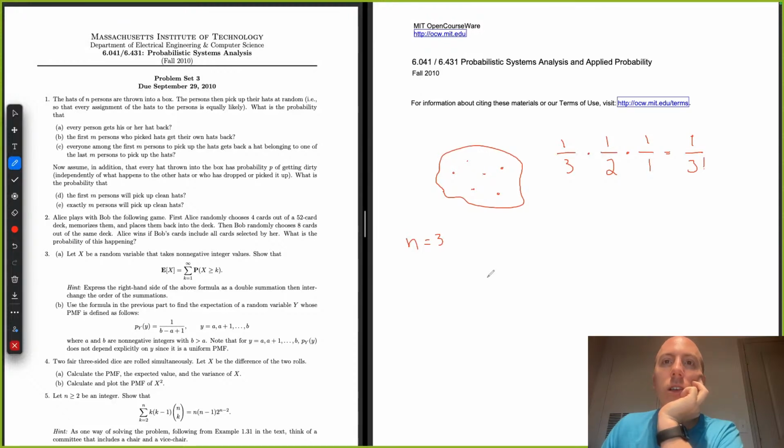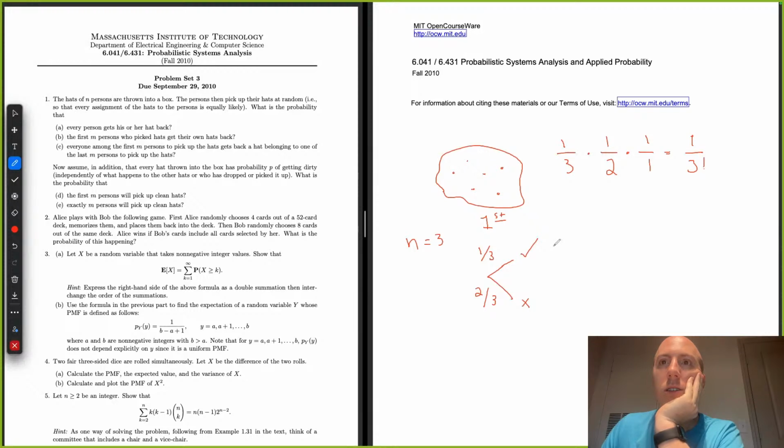It's kind of thinking of this as a sequential decision process. So there's a 1/3 chance the person pulls out their hat. There's a 2/3 chance that they don't. So this is the good path, and this is the bad path. This is the first person, and in this branch, the person got their hat back. So there's only two hats left.